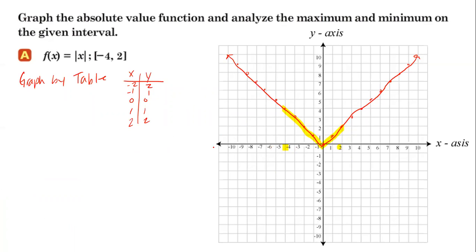So on this interval, my maximum is at x equals -4 and y is 4.